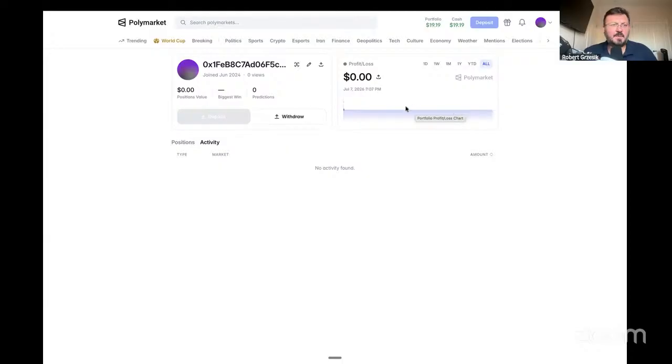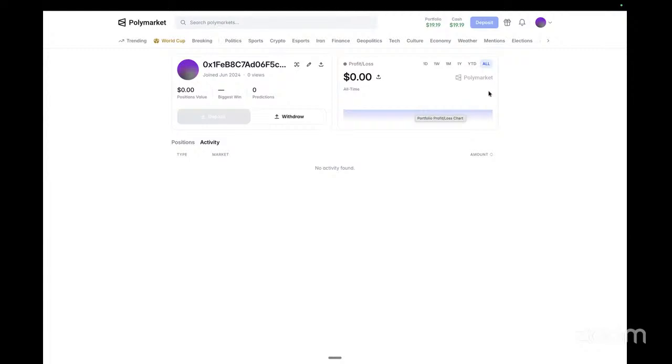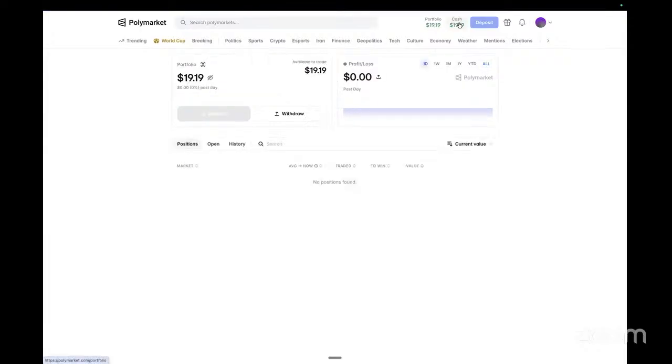Maybe we somehow bypassed Polymarket because it was doing some crypto transaction stuff. I don't know. I didn't get a chance to really dig into it. Right now it says profile 19, cash 19, so it doesn't seem like it did anything. I don't see any activity.